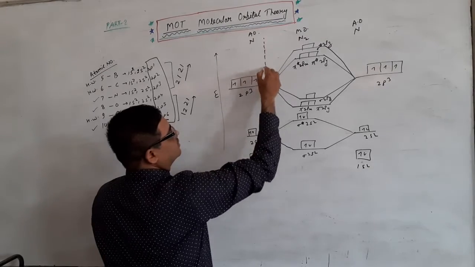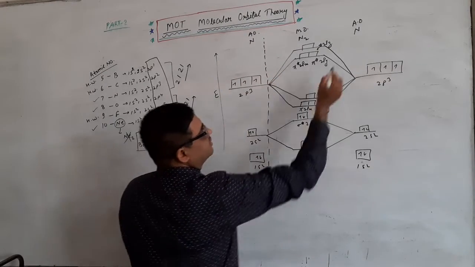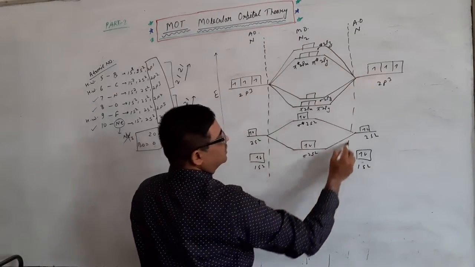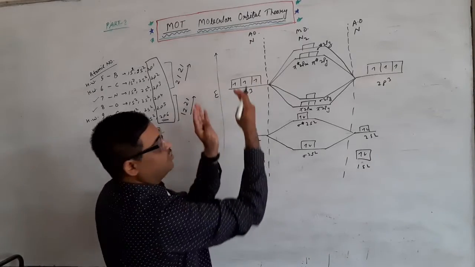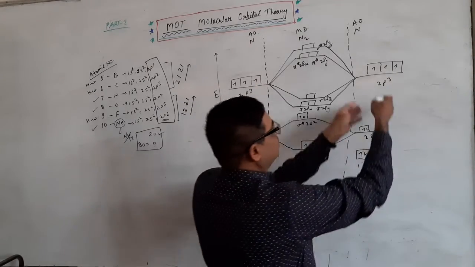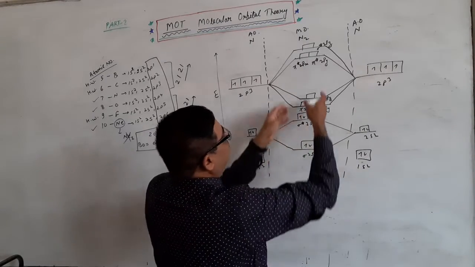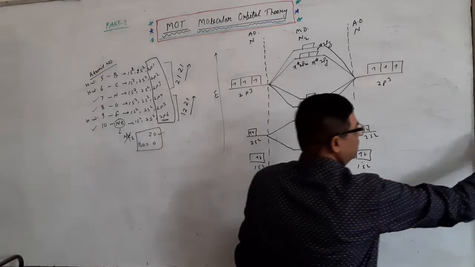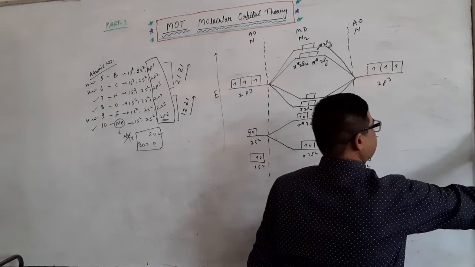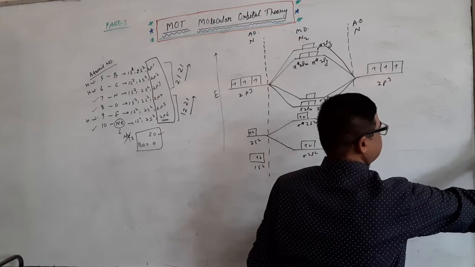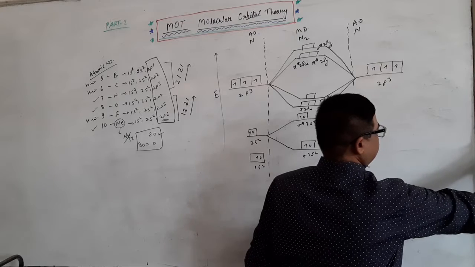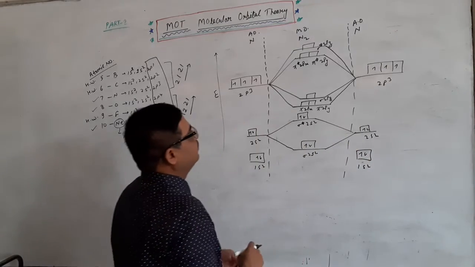I will make it like this also, so that you can read it. This is the atomic orbital of one nitrogen, this is the atomic orbital of the other nitrogen, they are mixed. Now this is the molecular orbital of the N2 molecule. Clear? Now you see it.